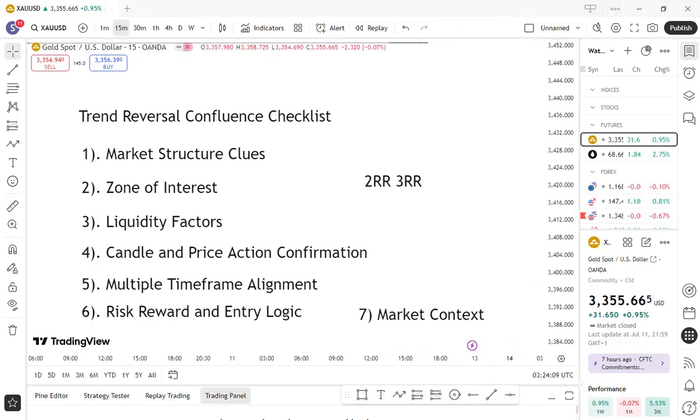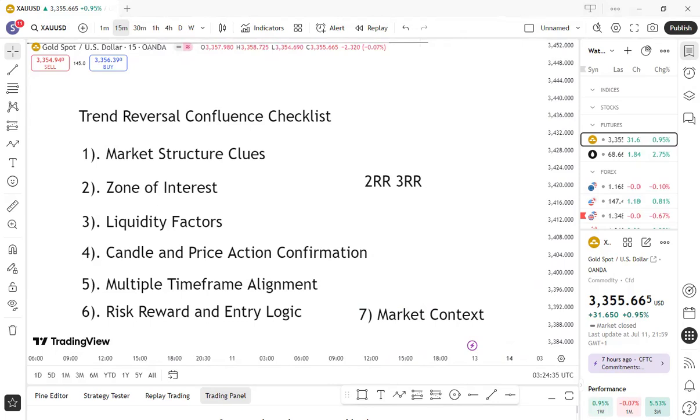And your session timing, your London close and New York open, is when reversals happen mostly. During your London close and New York open, those are when price always causes a reversal in the market.